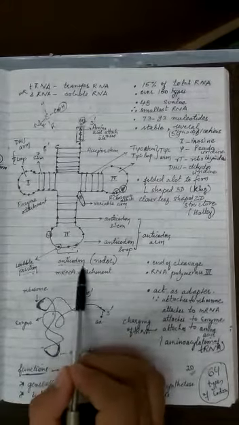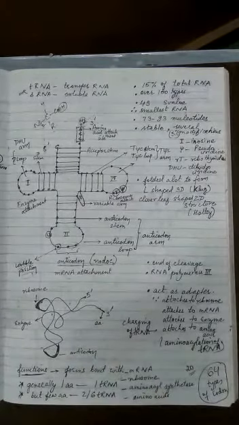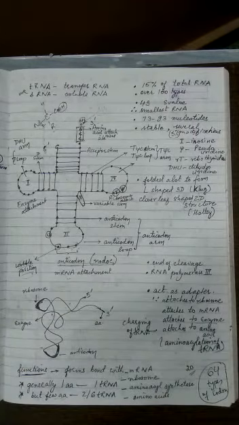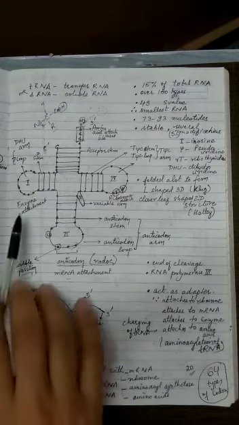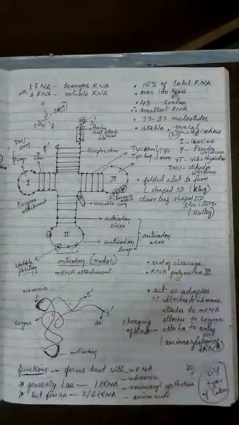That's why it is called anticodon. So the anticodon loop has 7 unpaired bases, out of which 3 form the anticodon for recognizing and attaching to the codons of the messenger RNA. Now the next arm is the DHU arm. DHU stands for dihydrouracil.